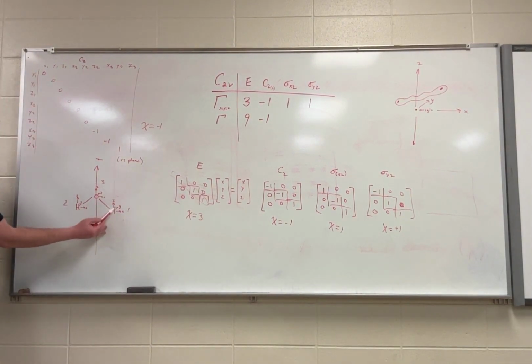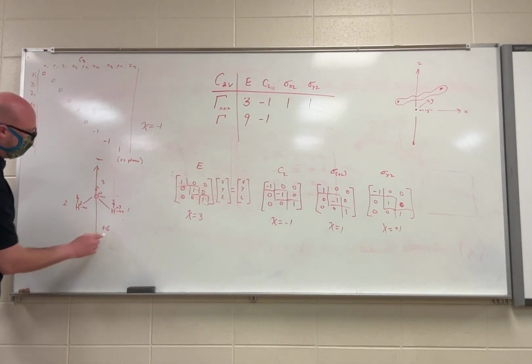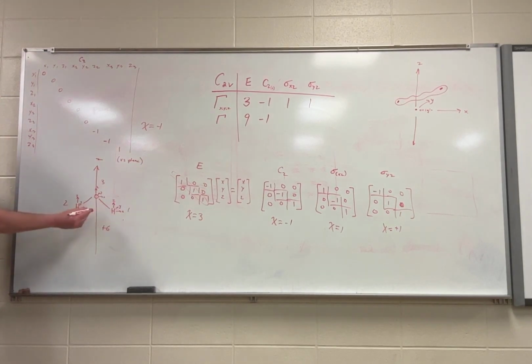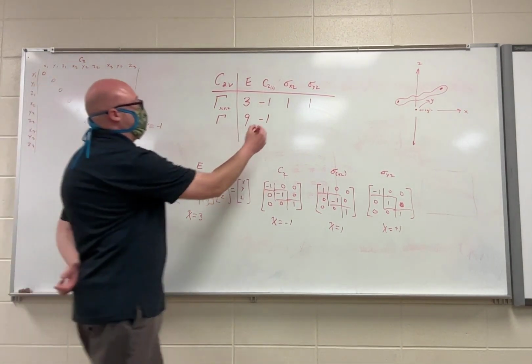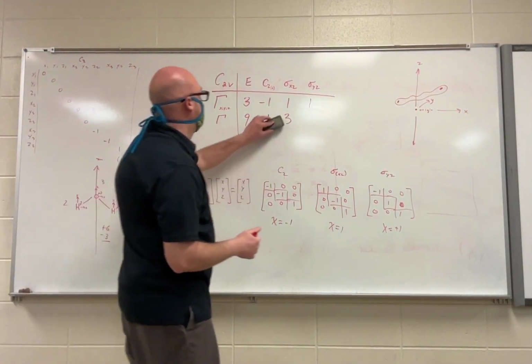And there's 2 x and z's for each atom, so those will each contribute 1 to the character, or plus 6. And the y's go to their negative after reflection about the xz plane. So those each contribute minus 1 to the character, so that altogether the character should be plus 3.